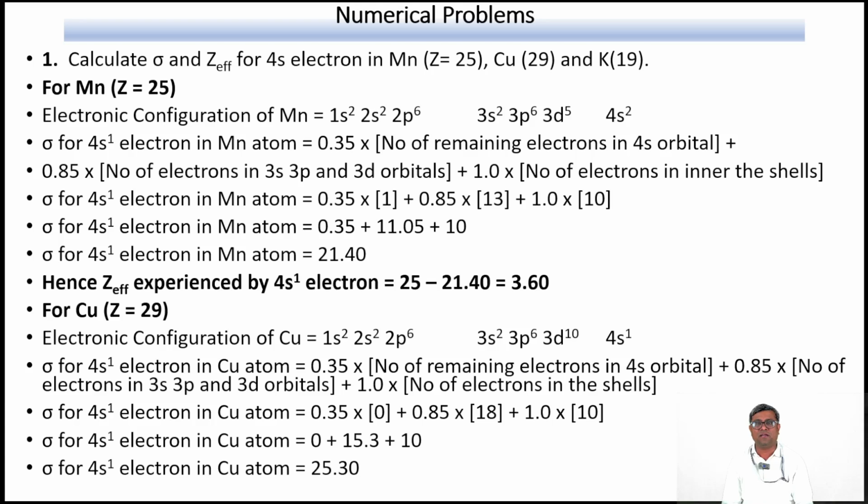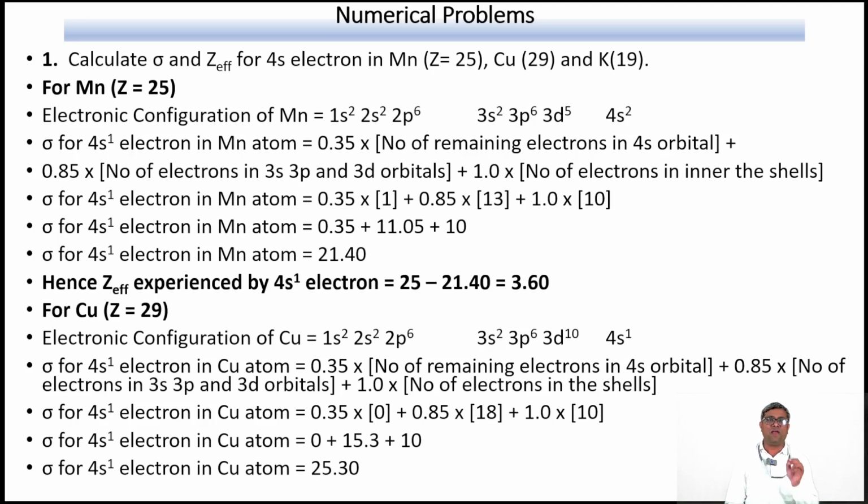How do we get 13? The 3s2, 3p6 and 3d5 are collectively 13 electrons, and then 1 into 10. Why am I taking 10 electrons here? Because 1s2, 2s2, 2p6 are the inner shell electrons and they total 10.